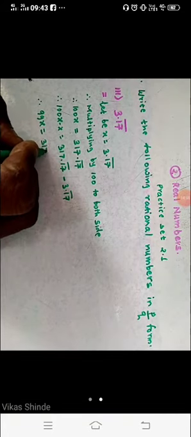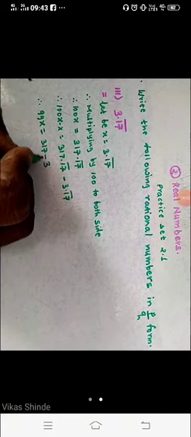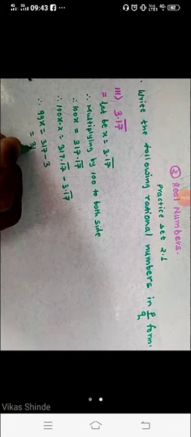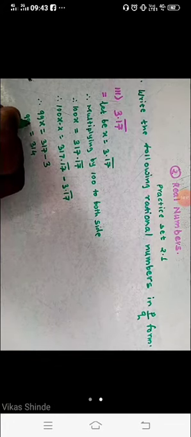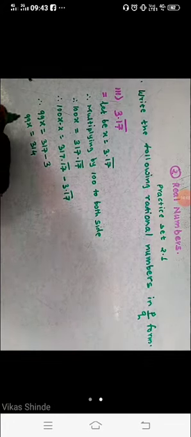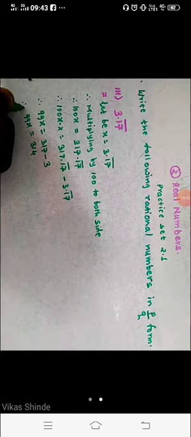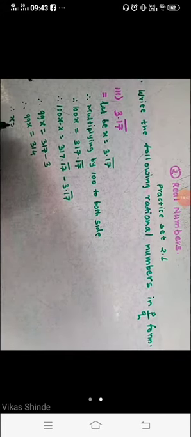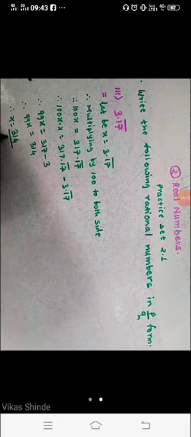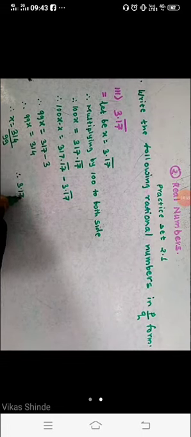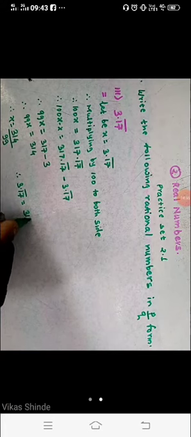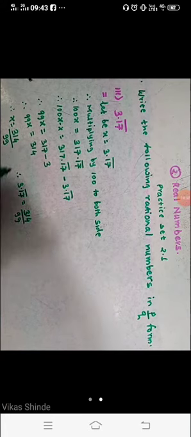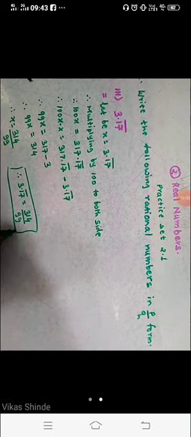Now if you want to write you can write 317 minus 3 left here. So subtract this, you get here 314 and this side 99x. Now finally we have to shift that 99 to that side. So therefore x is equal to 314 divided by 99, and therefore we have to write here 3.17 bar means here 314 divided by 99 is the answer of this question here.